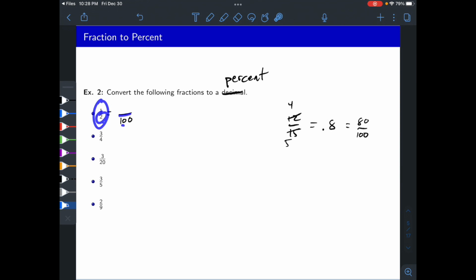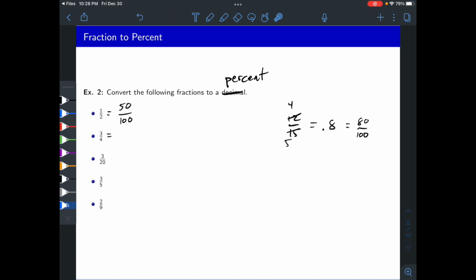Well, my denominator is 2 right now, and if I want my denominator to be 100, I want to multiply that denominator by 50. So I should do that to my numerator as well, in order to keep this as an equivalent fraction. So multiply my denominator by 50, multiply my numerator by 50, and I'll get 50 over 100. Can do this similar thing to 3/4.